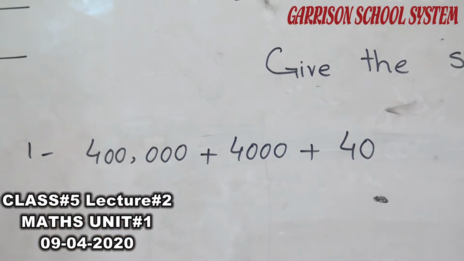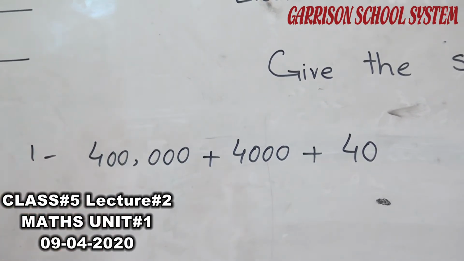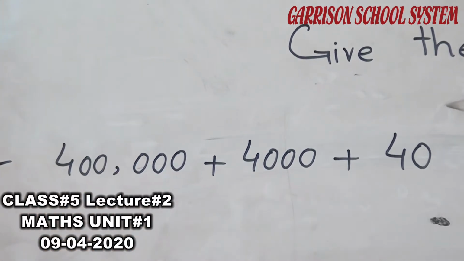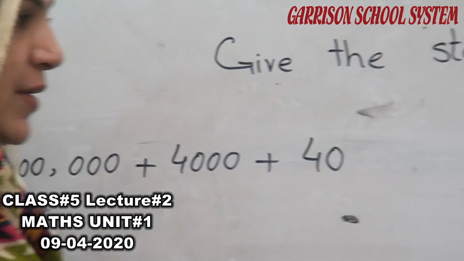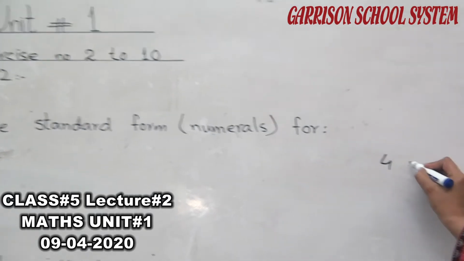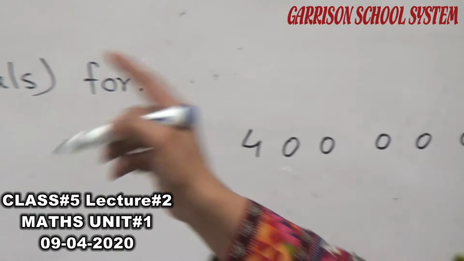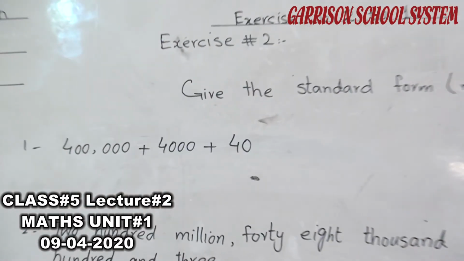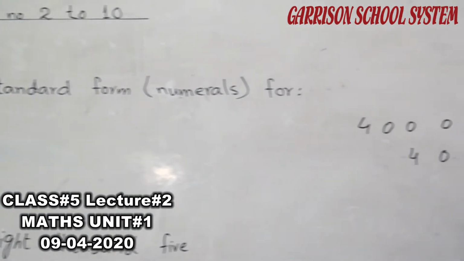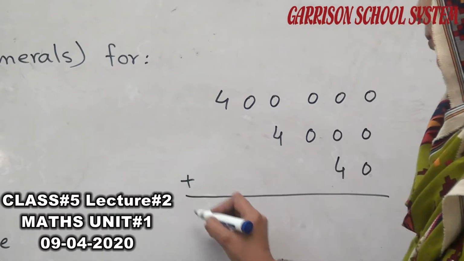So students, when we convert expanded form to standard form, we just have to add the digits. Simply we will add in this way. 4,000,000. After this 4,000, and after this 40. Now we will add them.